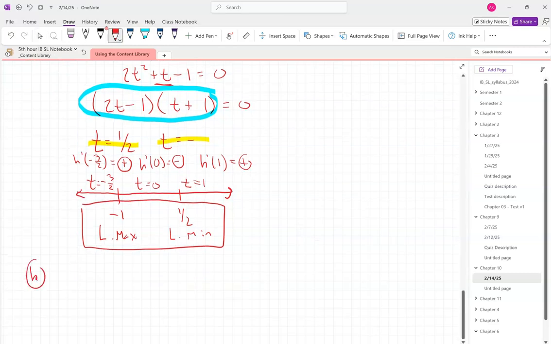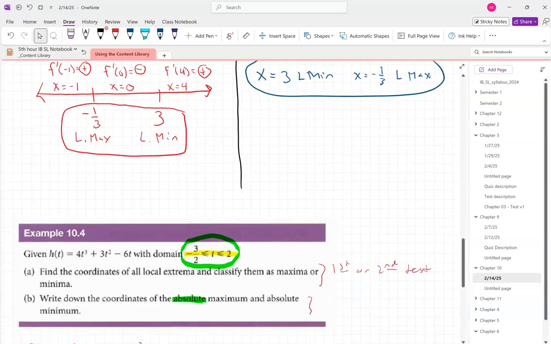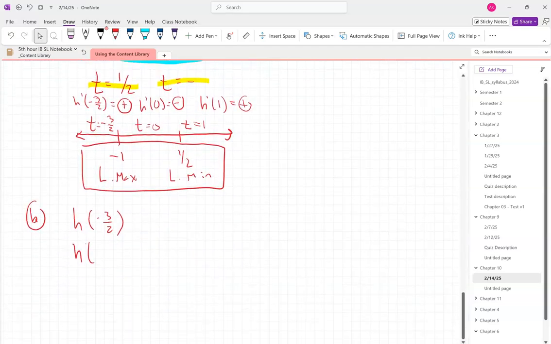For part B, now we need to find the absolutes. So I need to check, oops, it's H. I need to check the endpoints. That's 2.